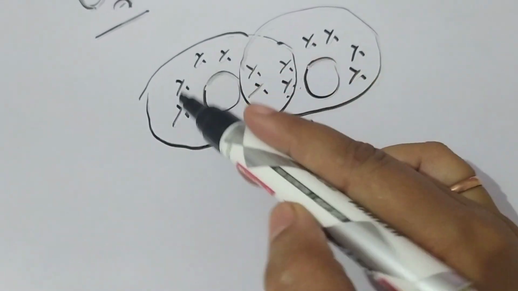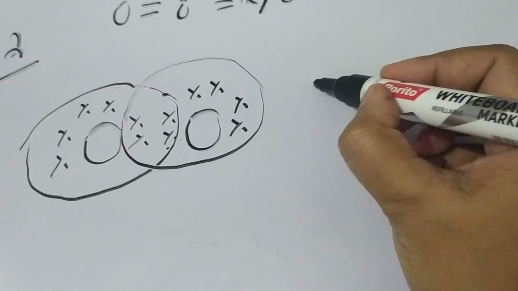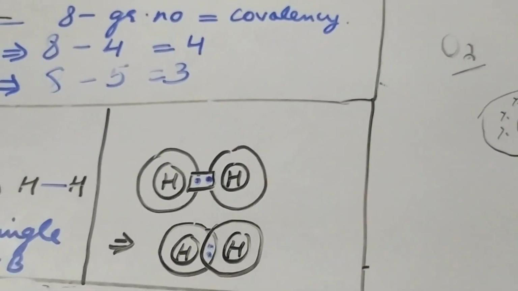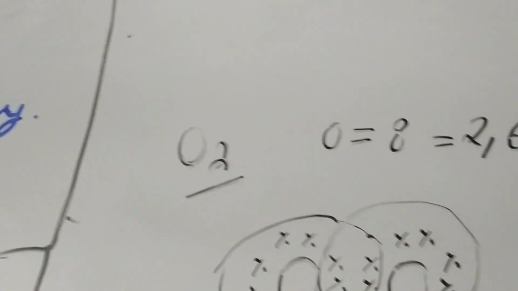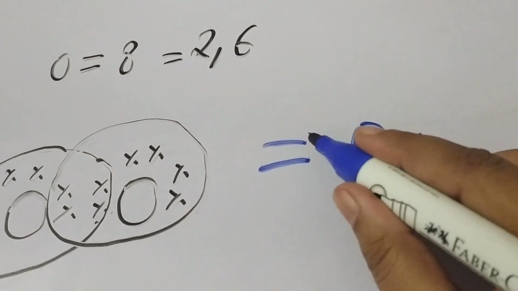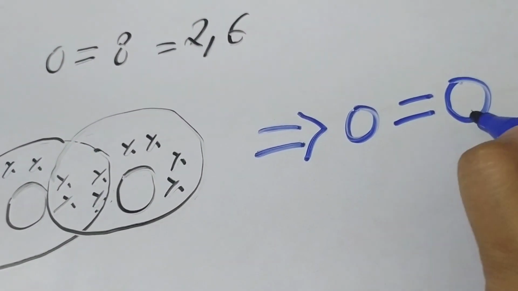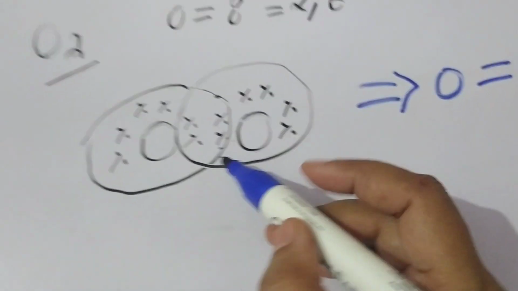This is 8 electrons of this oxygen atom and this is 8 electrons of the other oxygen atom. Because 2 electrons are being shared, oxygen will form a double covalent bond, shown between the 2 oxygen atoms.